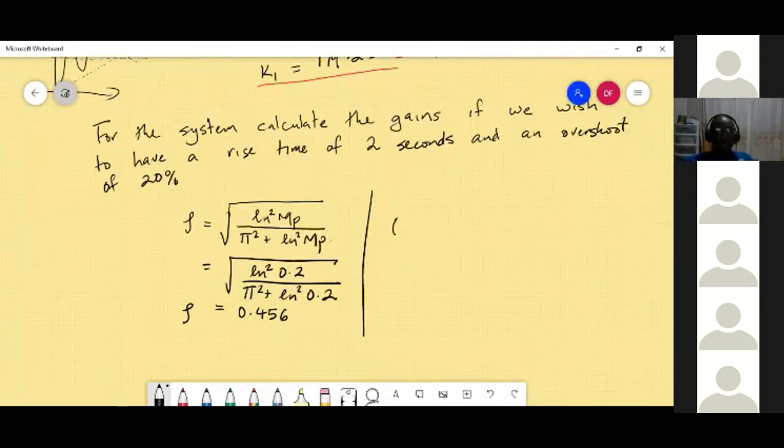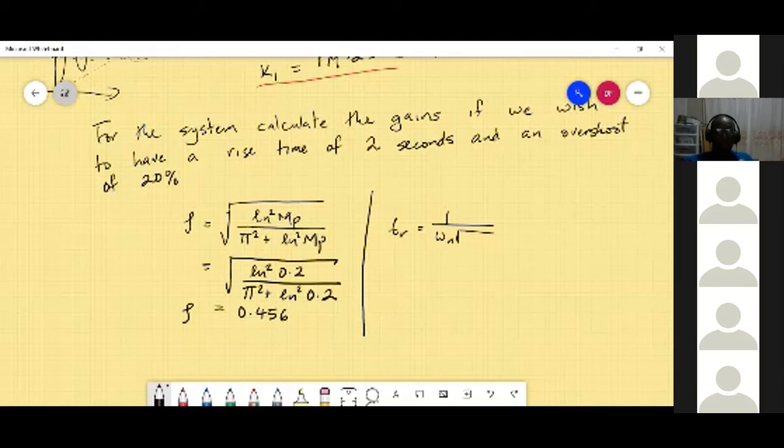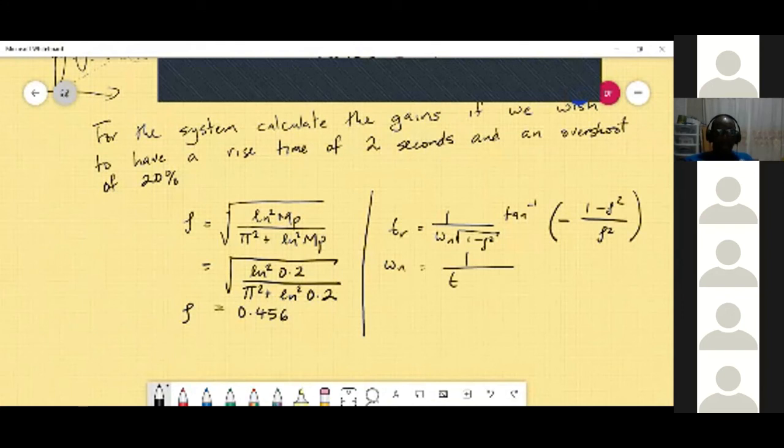Our rise time is 1 over omega n times the square root of 1 minus damping ratio squared, times tan inverse of minus the square root of 1 minus damping ratio squared over the damping ratio.